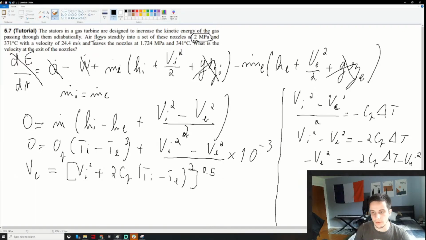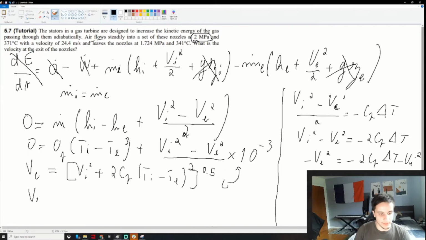So put the inlet velocity on the other side, multiply everything by -1, and then square root everything to get ve equal to the square root of 2 cp delta t plus vi squared. Just to explain how we got from this equation to this equation.